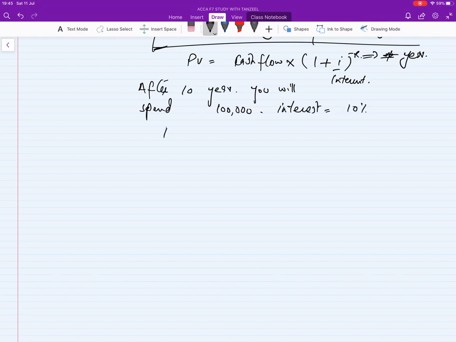So you need to calculate the present value for this expense. So how you calculate: 10,000 multiplied by 1 plus 10% to the power minus number of years, 10. So let me change this. Instead of 10 I will write 5%, so you will not get confused. 5%. So you can say after 5 years how much you are going to give.